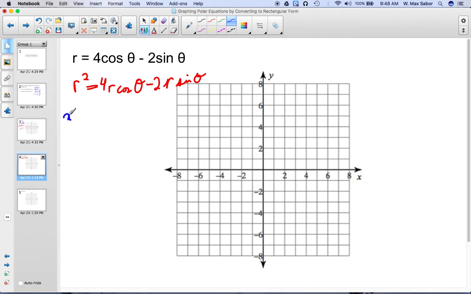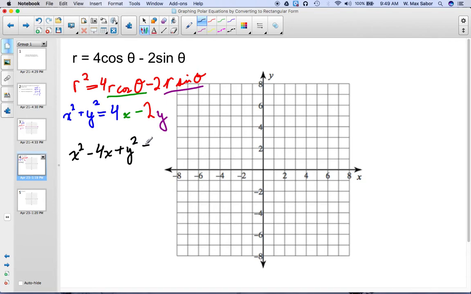r squared was x squared plus y squared. r cosine theta was x, and r sine theta was y. Now we can convert this into a standard form that we know how to graph. So x squared minus 4x plus y squared plus 2y. Complete the square by adding 4 and 1.